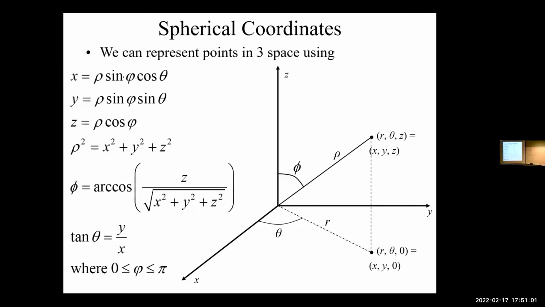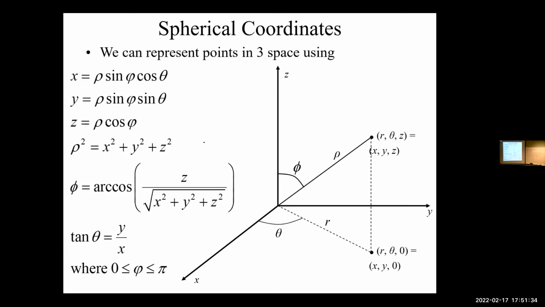All these relationships, nothing you have to memorize, right? Because you'll have a note card for the exams, are all just right angle trig. So the reason X is rho sine phi cosine theta: well, what's rho sine phi going to give us? Rho sine phi gives us the opposite side, which is over here, and then cosine theta from before.